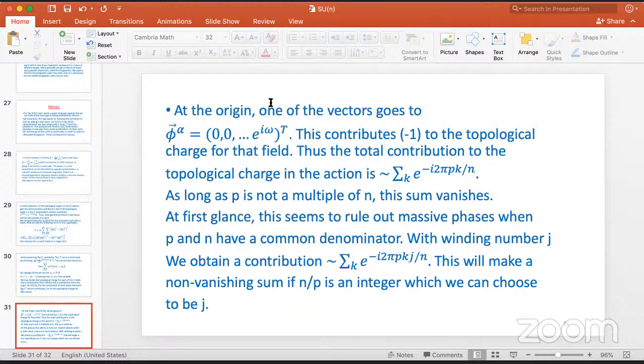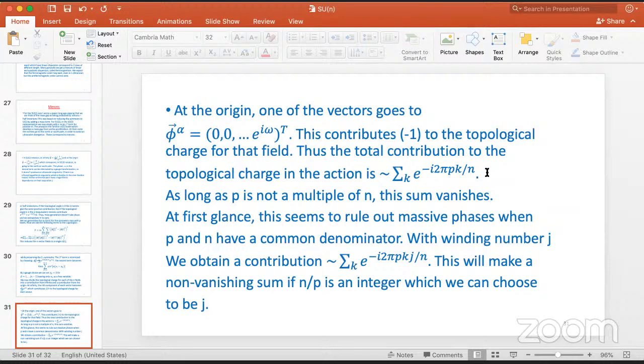At the origin, one of the vectors goes to (0, ..., 0, e to the i omega) transpose. This contributes minus 1 to the topological charge for that field. Thus, the total contribution to the topological charge in the action is the sum over k of e to the i 2 pi p k over n. So as long as p is not a multiple of n, this sum vanishes.